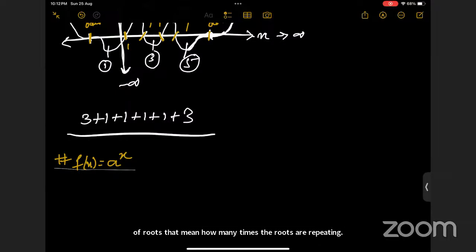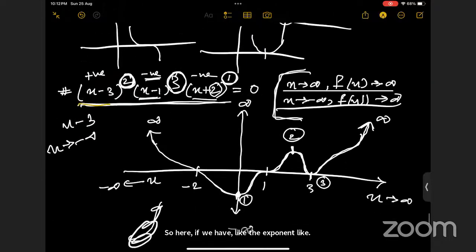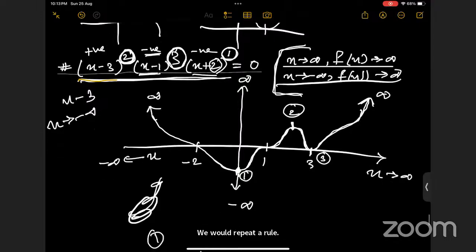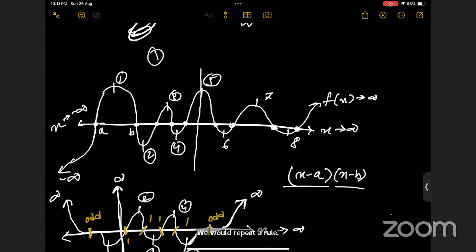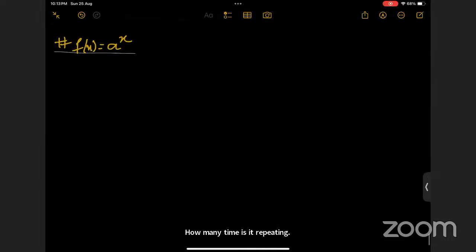So here, if we have in this equation x minus 3 square, that means the multiplicity for 3 is 2. It's a repeated root. How many times is it repeating? That number is called the multiplicity of the root.